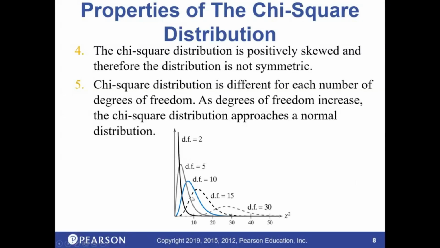It's starting to take more of the shape of the normal curve. It's just not symmetrical. DF kind of shifts it over a little bit there in blue, the DF of 10. DF of 15 is our dotted black graph, it's shifting it over even more. And then a DF of 30, that larger value, it starts to look more like our normal distribution.